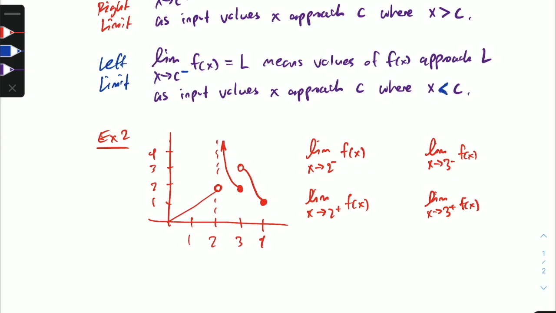Okay, so let's do the left limit at 2 here. So we're going to pick a value that's really close to 2 and below 2. And you can see that the outputs are approaching 2. As we get closer to 2 from below, the outputs are getting closer to 2.